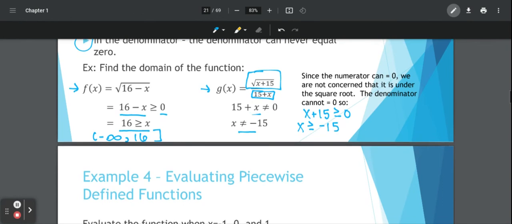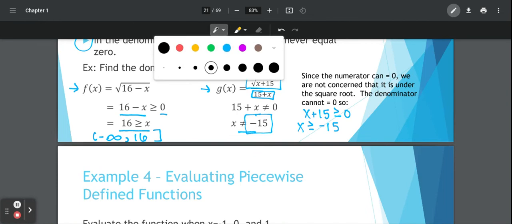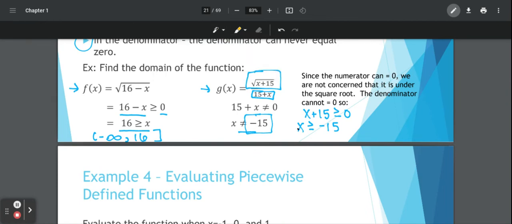But we know it can't include negative 15 from this part, so if we were writing our domain, we would say that x just has to be greater than negative 15, since it can't equal negative 15 from the denominator, or we could say negative 15 to infinity for our domain.